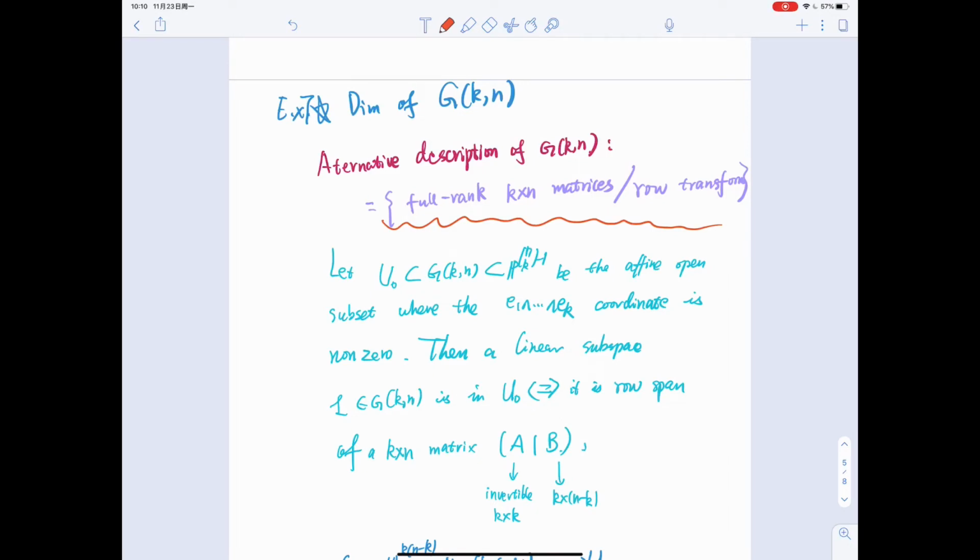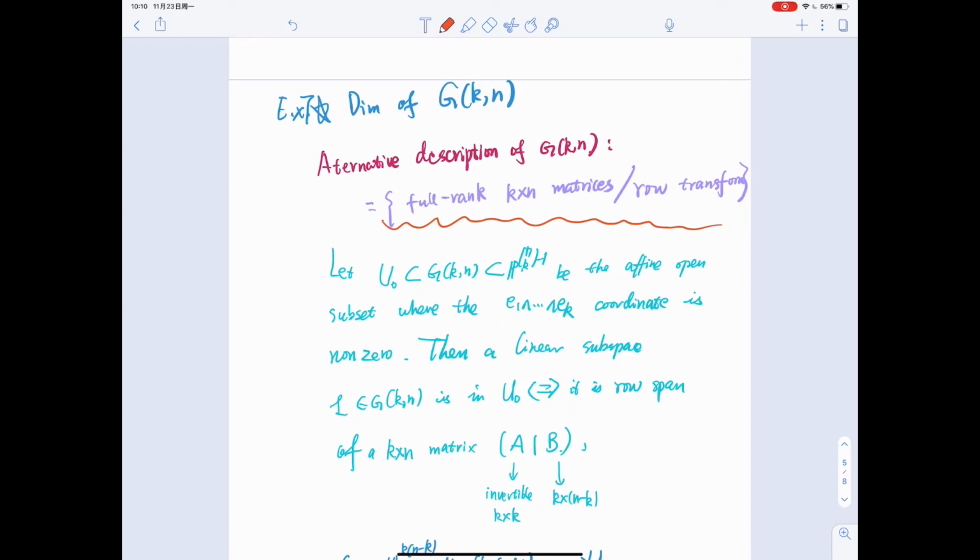Let U0 be the affine open subset where the first Plücker coordinate is non-zero.